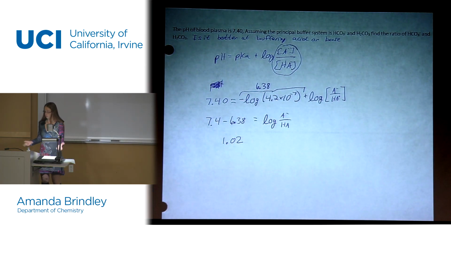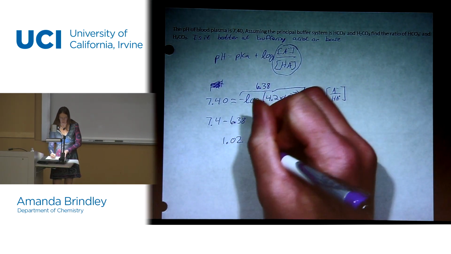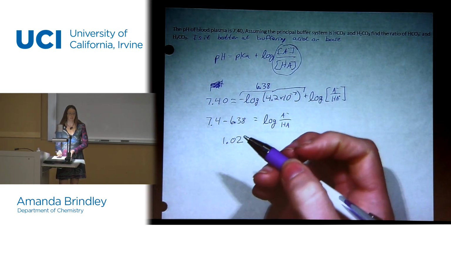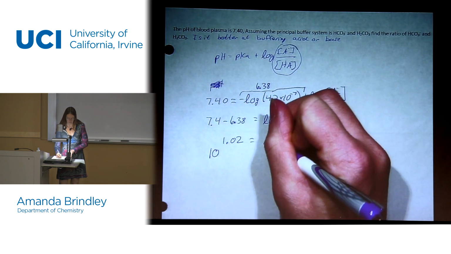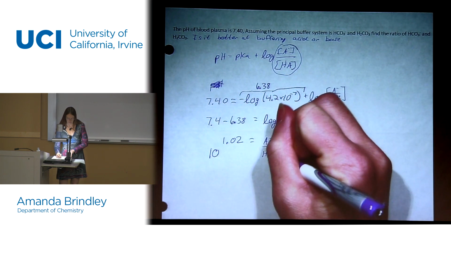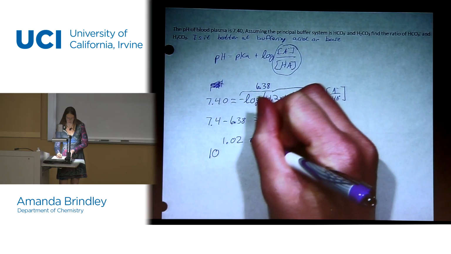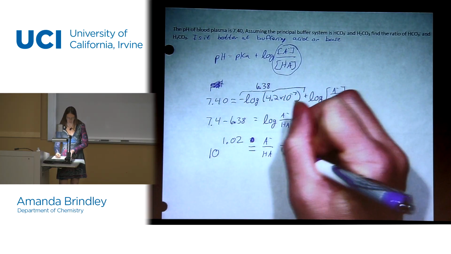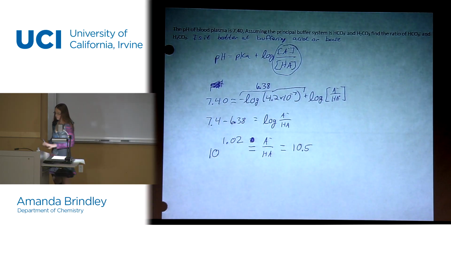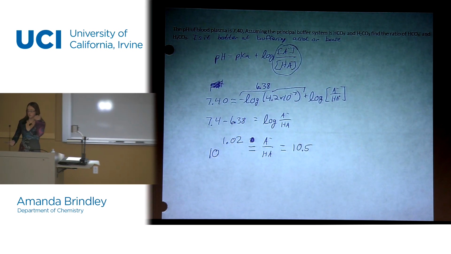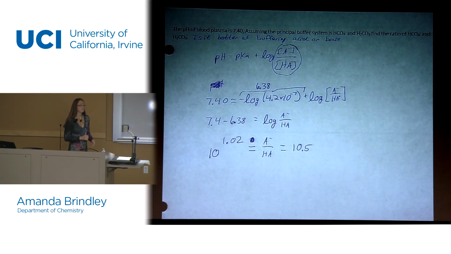So we end up with 1.02. How do we get rid of a logarithm? Ten to the power of. That's our ratio. So our ratio is about 10 to 1.